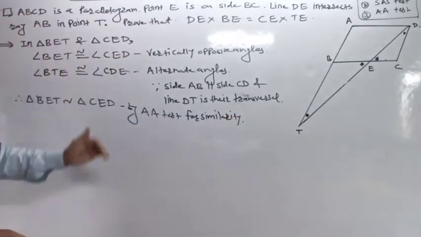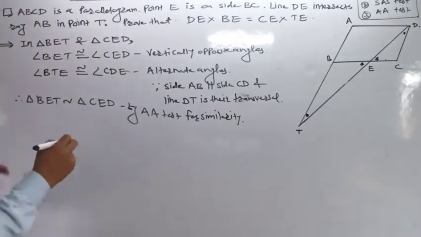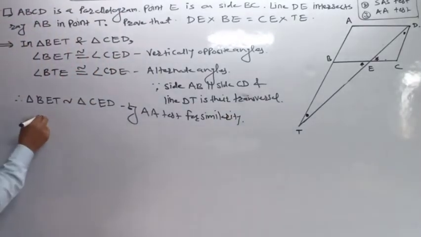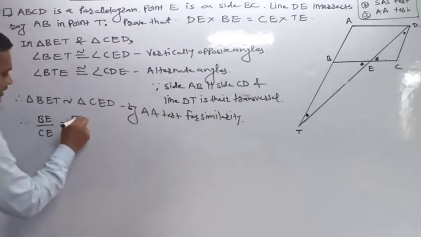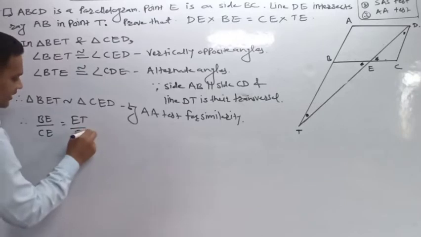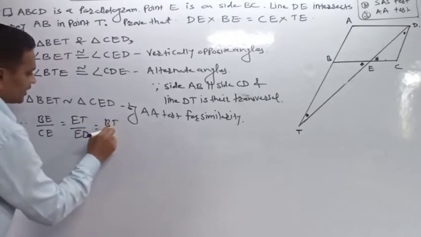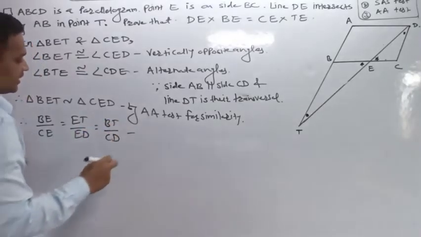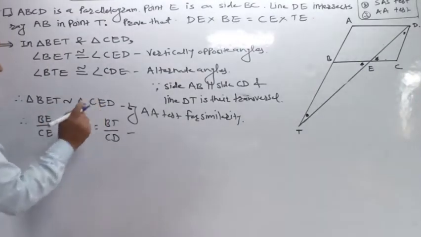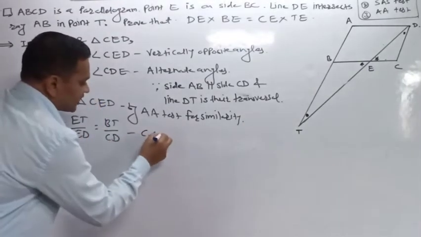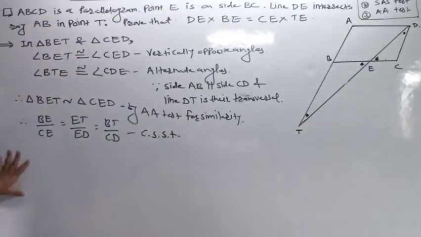If two triangles are similar, then their corresponding sides are in proportion. Therefore, we can write BE divided by CE equal to ET divided by ED equal to BT divided by CD. Why? Because corresponding sides of similar triangles.